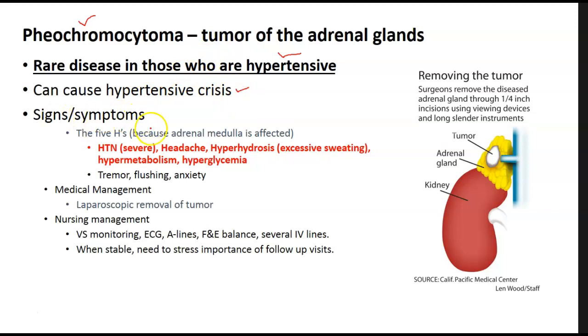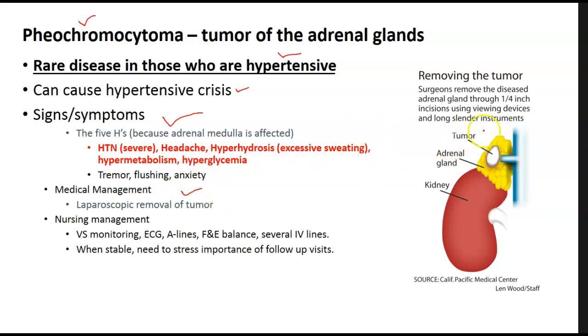The signs and symptoms, my gosh, because the adrenal medulla is affected, you have hypertension, and this is going to be severe. Headache, hyperhidrosis, hypermetabolism, hyperglycemia, so the 5 H's. Tremor, flushing, and anxiety. Need to remove the tumor.